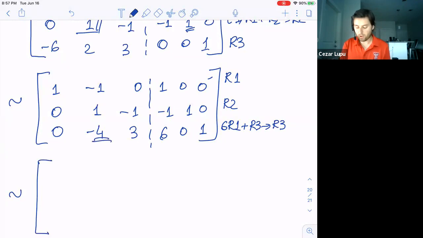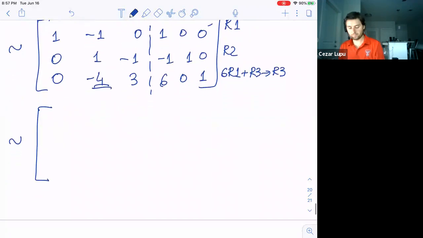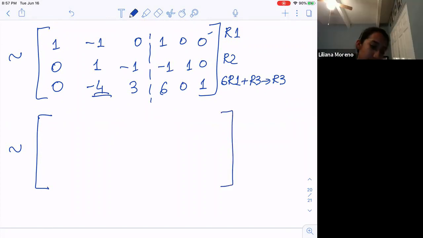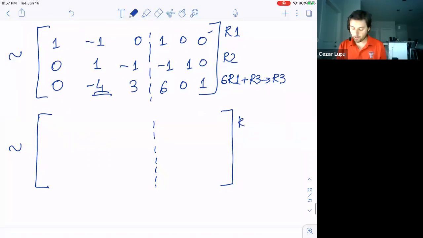Is this -4 here? So what do you think I should do? Multiply the second row by 4 and add it to row 3. Exactly. So R1 and R2 will stay the same. I'm going to copy them just the way they are.